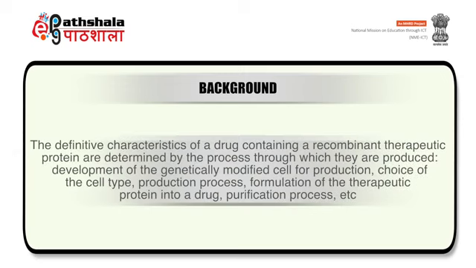The ultimate characteristics of a drug containing a recombinant therapeutic protein are to a large part determined by the process through which they are produced: choice of cell type, development of the genetically modified cell for production, the production process, the purification process and the formulation of the therapeutic protein into a drug.